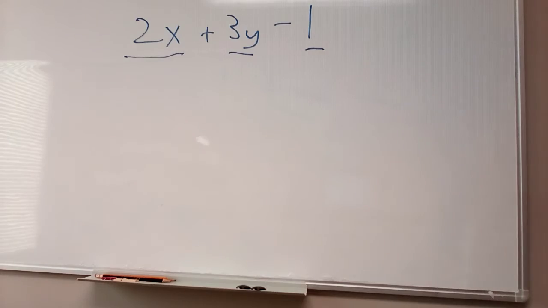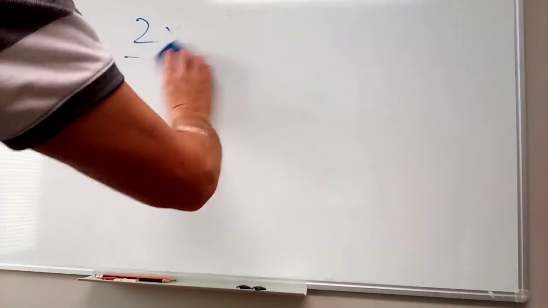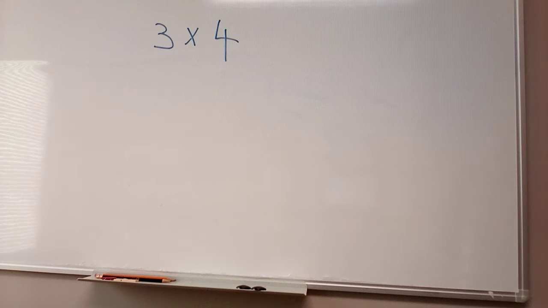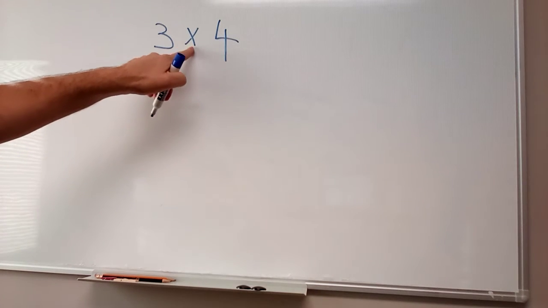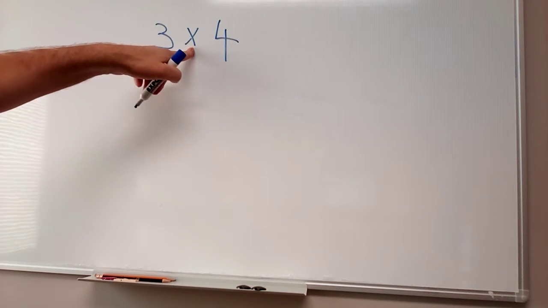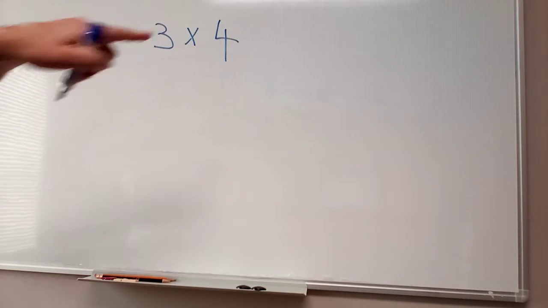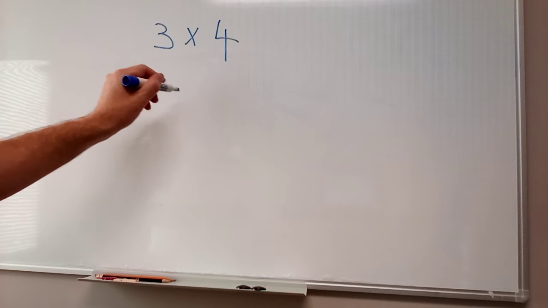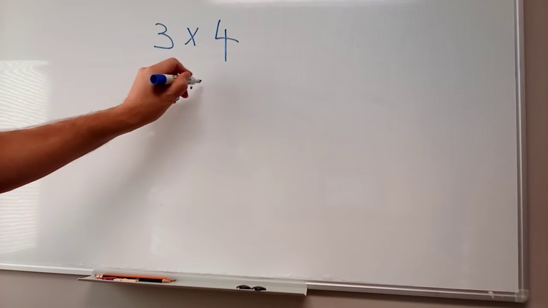So a couple things to remember. If you have 3 times 4 in a regular arithmetic problem, you use a multiplication symbol, which is basically an x. In algebra, you will not use that x anymore. You will use a raised dot, 3 times 4.